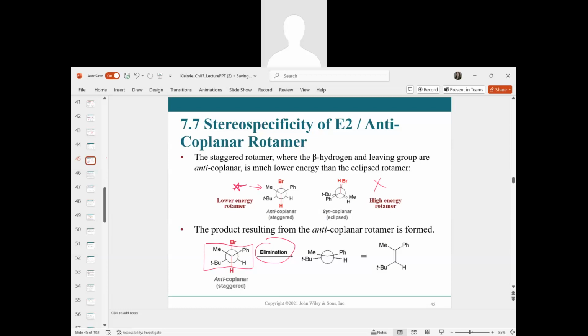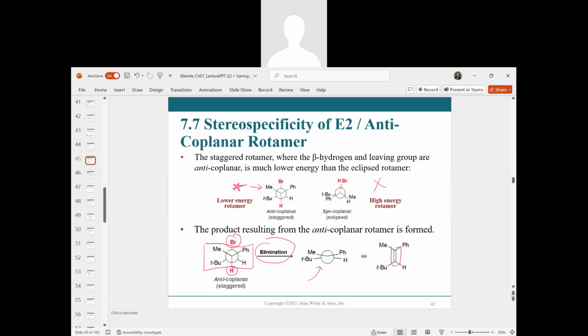So what we see here in this conformation, we can see drawn over here, but without our halogen and our hydrogen that have been removed. So this same orientation is what we use to visualize that pi bond formation.